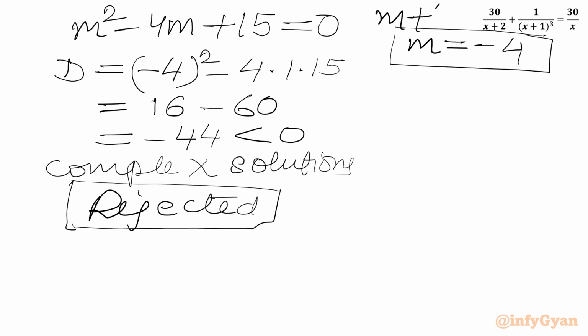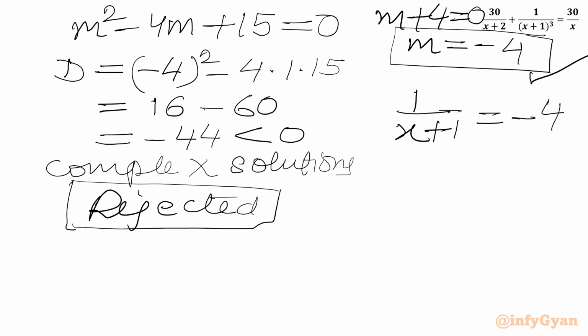Now m plus 4 equal to 0. So we can write m equal to negative 4. Now m was our substitution, 1 over x plus 1, equal to negative 4. Now consider reciprocal both sides. Switch numerator denominator. So x plus 1 over 1.